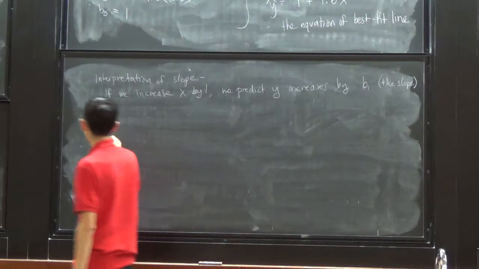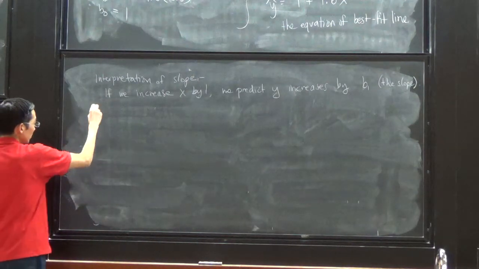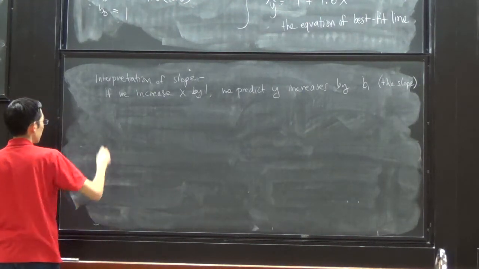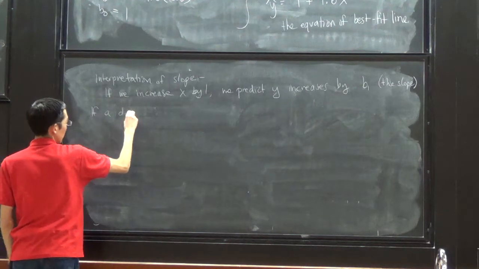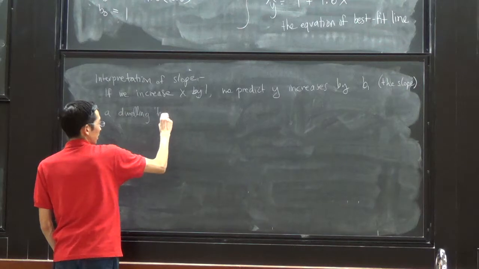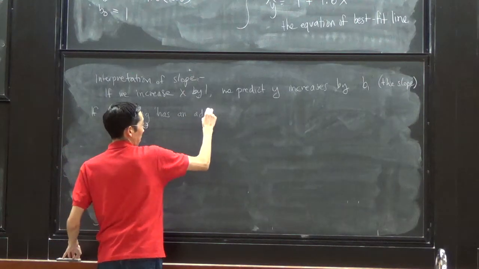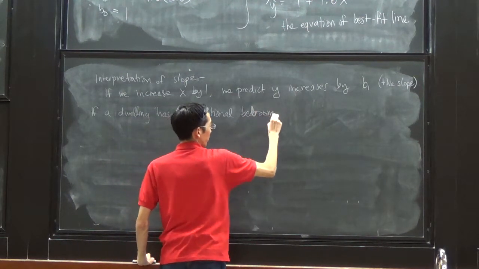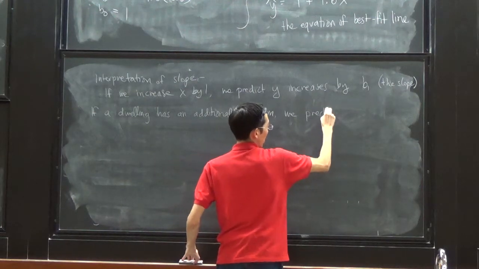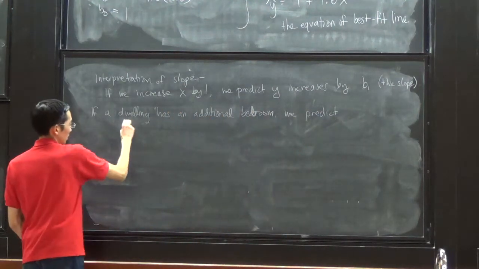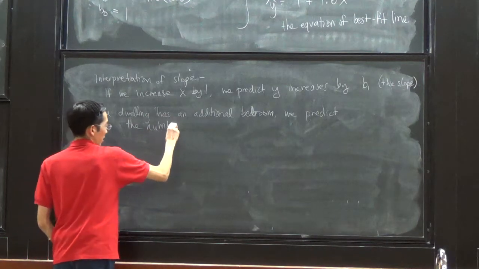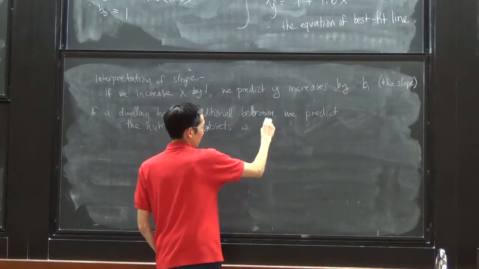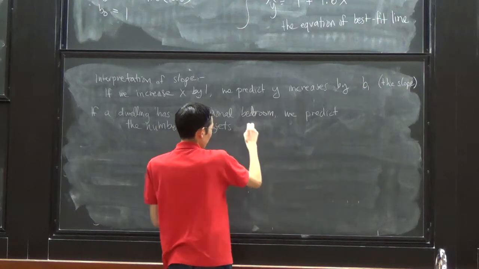So in this problem, we say if a dwelling has an additional bedroom, we predict the number of closets goes up by 1.6.